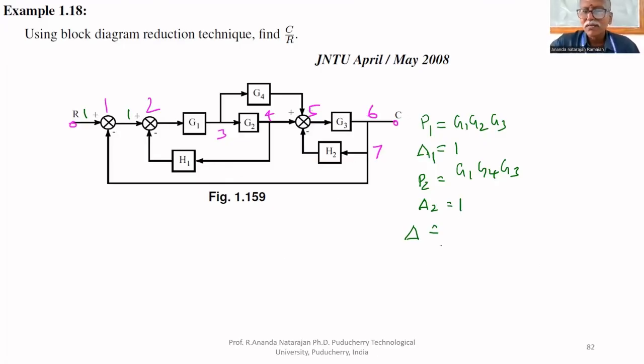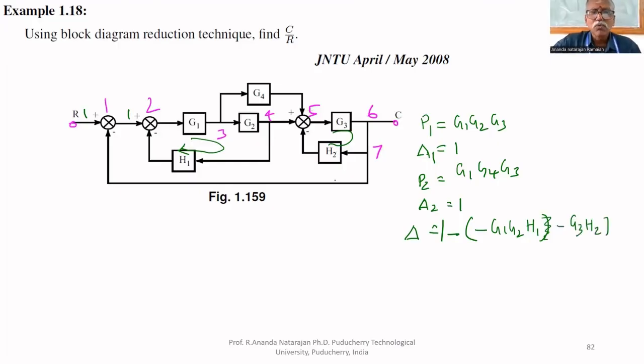Delta means 1 minus the sum of gain products of individual loops. This is one individual loop, that is minus G1, G2, H1. This is another loop, minus G3, H2.